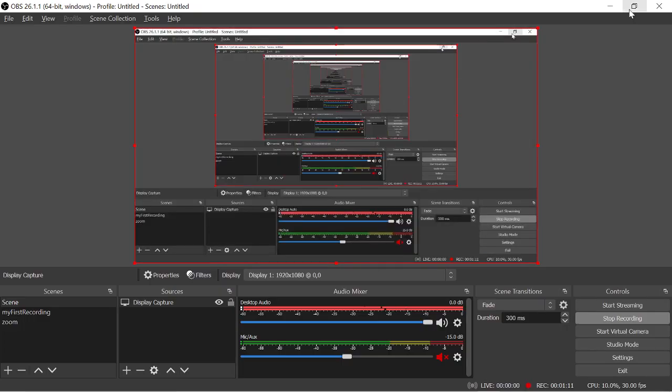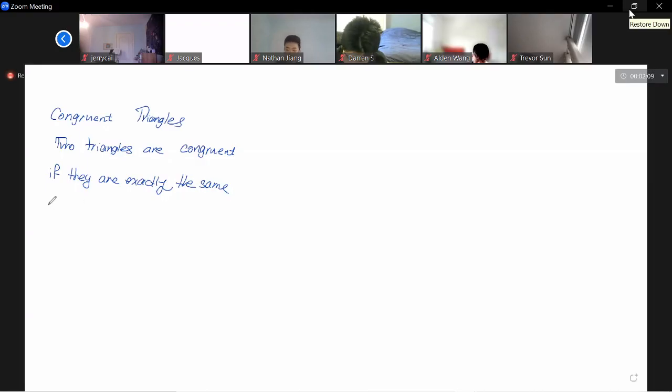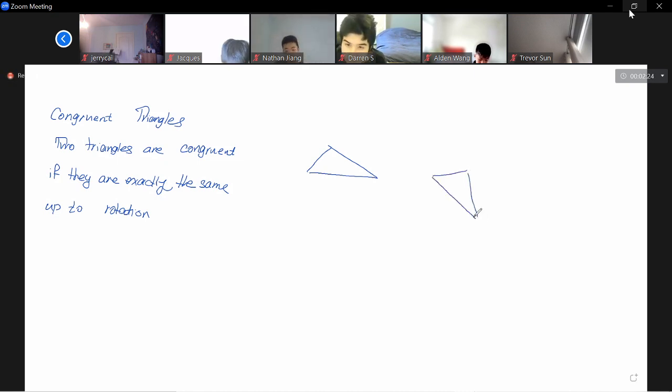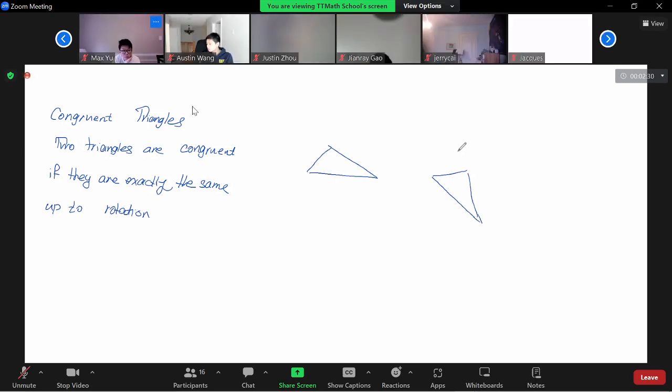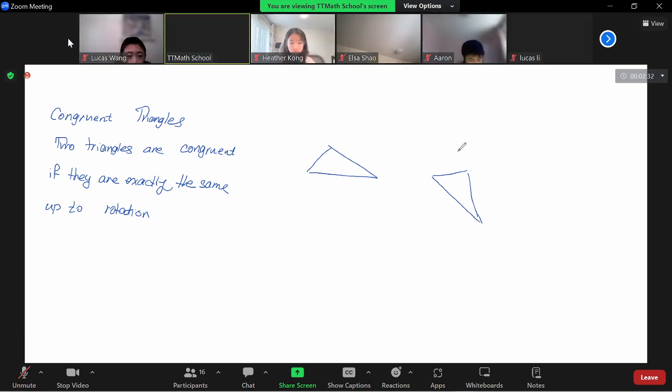If you rotate them, they're still the same up to rotation. So for example, if you draw this triangle again by rotating, and let's assume these are exactly the same triangles, you just rotated them, then they are called congruent triangles. Basically, they are exactly the same.